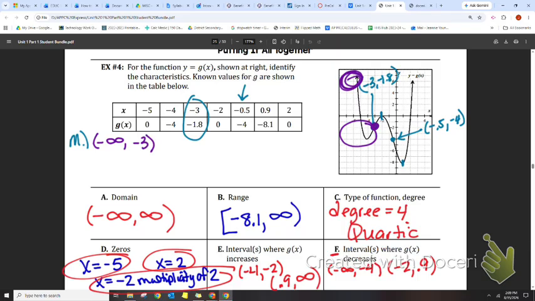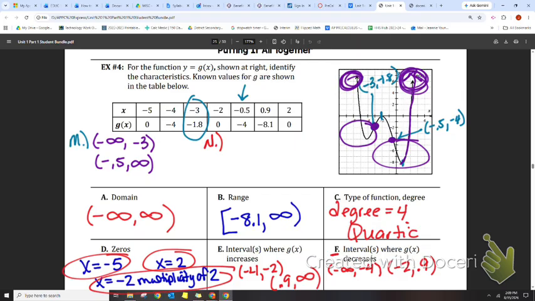All right, and then it's also concave up over here, so from negative 0.5 to, there is no next point of inflection, it keeps going to the right, and to the right, my x's go to positive infinity.